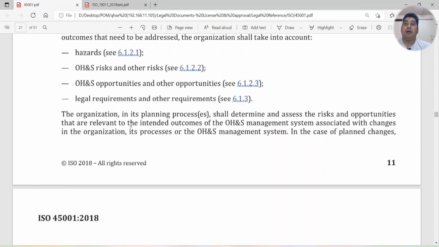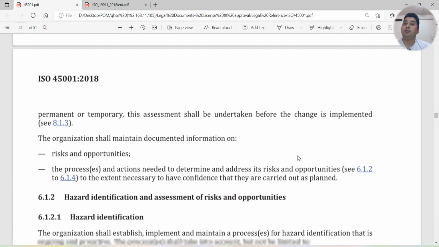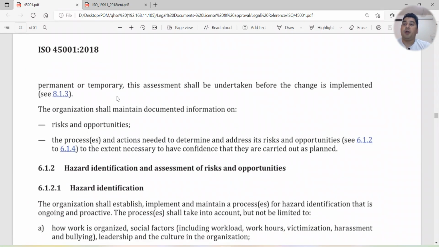The organization, in its planning process, shall determine and assess the risks and opportunities that are relevant to the intended outcomes of the OHS management system associated with changes in the organization, its processes, or the OHS management system, in the case of planned changes, permanent or temporary. This assessment shall be undertaken before the change is implemented. The organization shall maintain documented information on risks and opportunities.